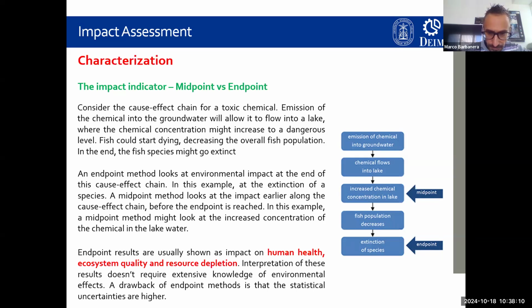And in particular, this chain can continue because if we look to the end of the cause-effect chain, as we can see in the figure, by starting from the emission of the toxic chemical into the groundwater, we can arrive at the end of the cause-effect chain, the final step about the extinction of species.